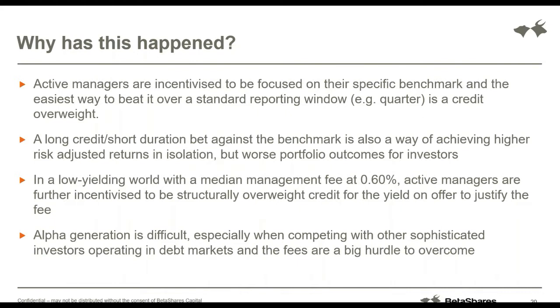And I alluded to this before, but with the median management fee at 60 basis points and in a low yielding world, active managers are further incentivized to be structurally overweight to credit and search for yield in order to justify the fees that they're charging. And finally, alpha generation, it's hard, especially in investment grade, because they are competing with other sophisticated investors that operate in debt markets, and the fees alone are a big hurdle to overcome.